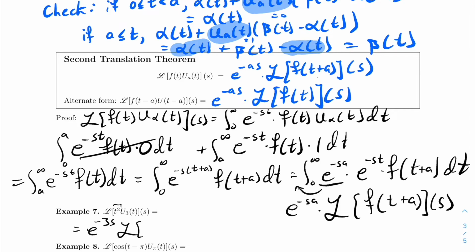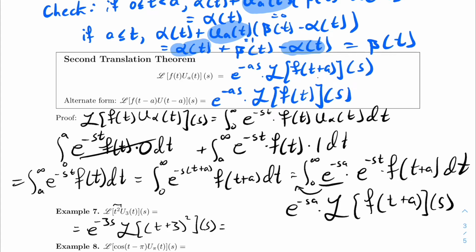Yeah, so this would not be t squared, but (t plus a) squared. So we would get that.